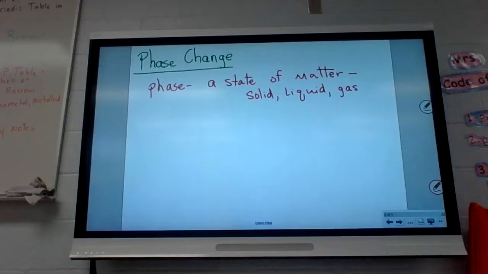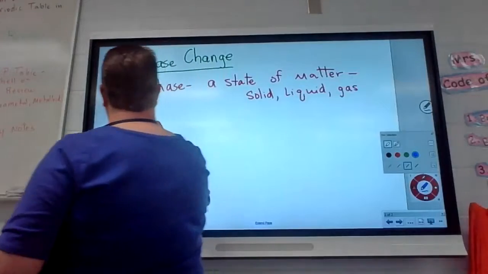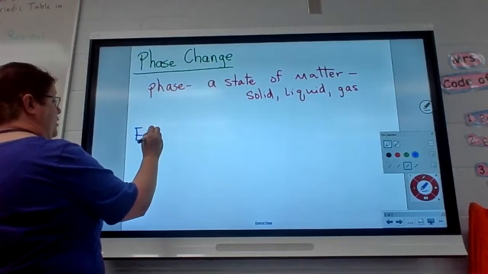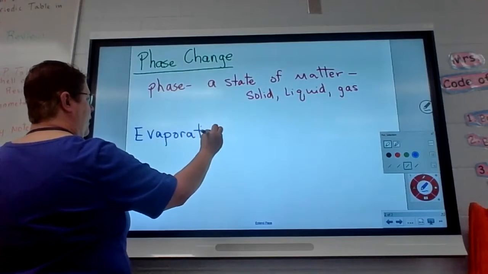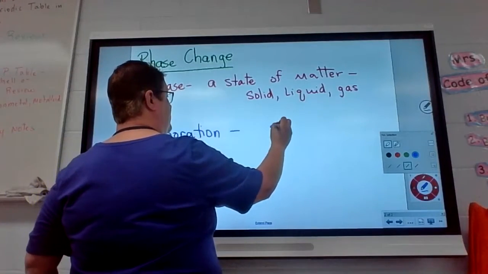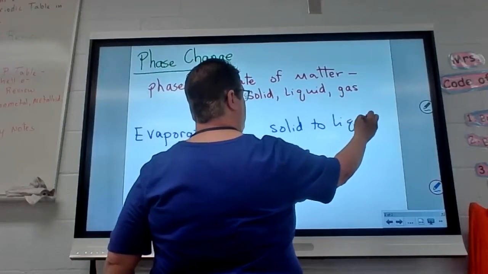Okay. Now, you probably learned the names of them. You might even, for example, be able to tell me that, and I'll just pick evaporation since y'all are so familiar with the water cycle, that it's a solid to a liquid. All right?